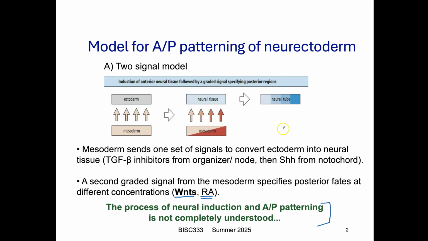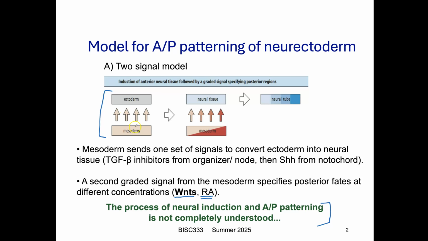So just to remind you of the two signal model for anterior and posterior patterning of neuroectoderm. We've already talked about this idea in general terms in previous classes. So I'll just recap that there are signals sent by the mesoderm to the ectoderm overlying the organizer region, just above it, to induce neural tissue to develop.